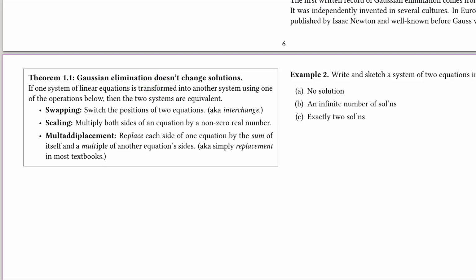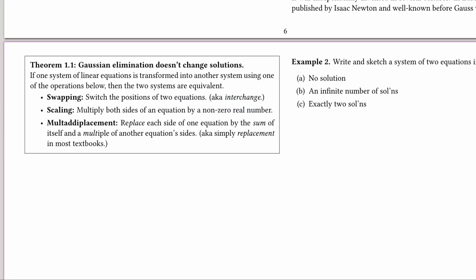So, anyways, let's see what the operations are and talk about why they don't actually change the solution sets of the systems. So, first we have swapping, which is just like writing the equations in a different order, switching the position of two equations. So, let's look at an example.